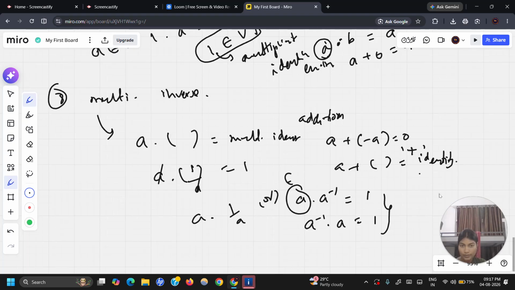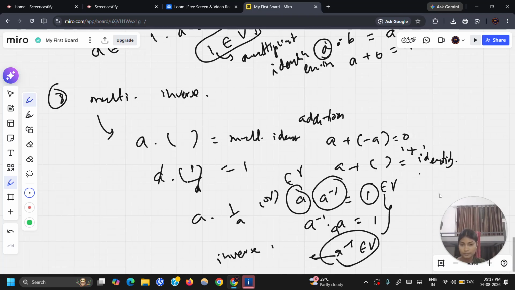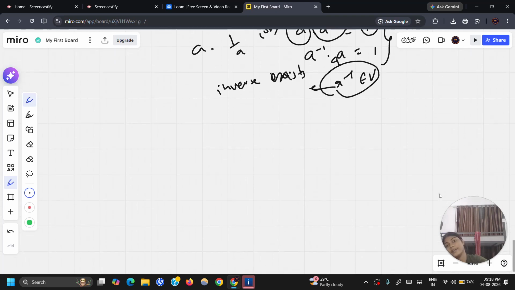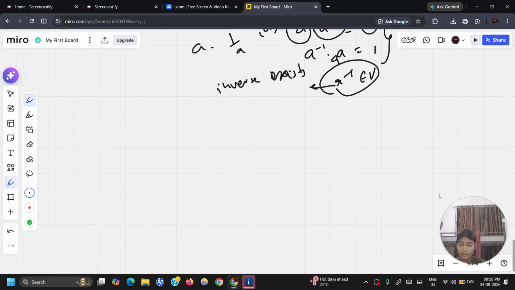So since A belongs to V and this resultant belongs to V, we have seen the above thing. So that means A inverse also belongs to V. That means inverse exists.